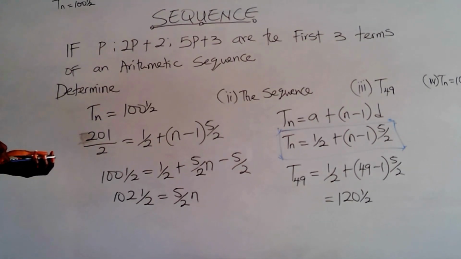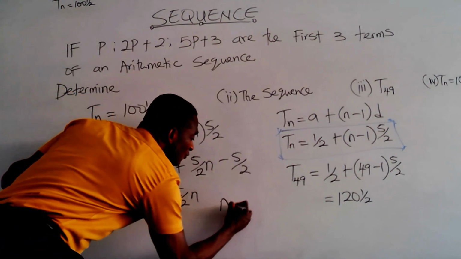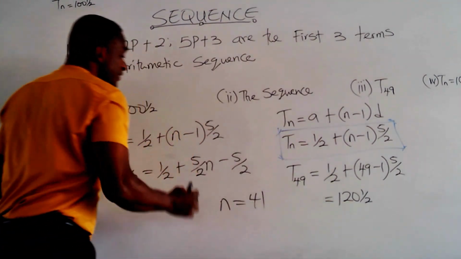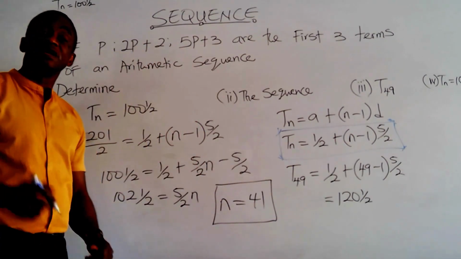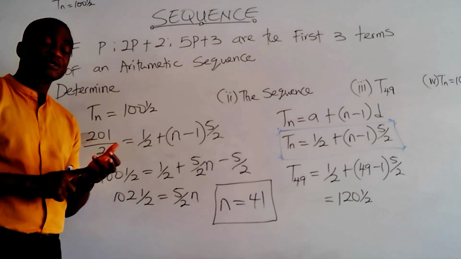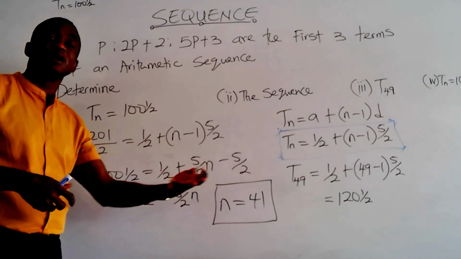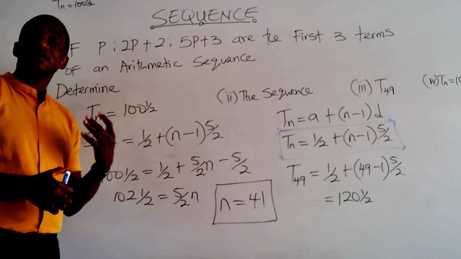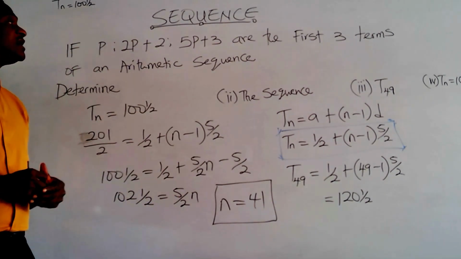So we have 102 and a half divided by 5 over 2, so n is equal to 41. Remember, your n must be a positive integer before you know that you've done the right thing. N cannot be a fraction, and it cannot be a negative value. It's like having the number of people or number of cars. Those things cannot be negative, fractions or decimals. So n in this case is 41.